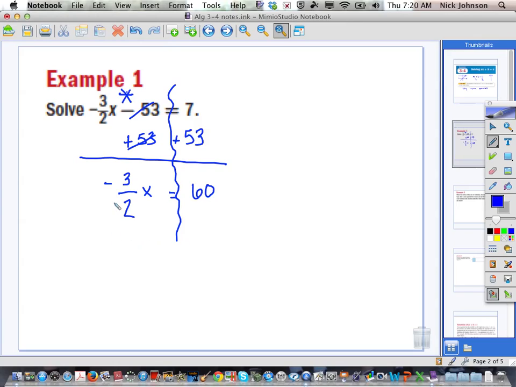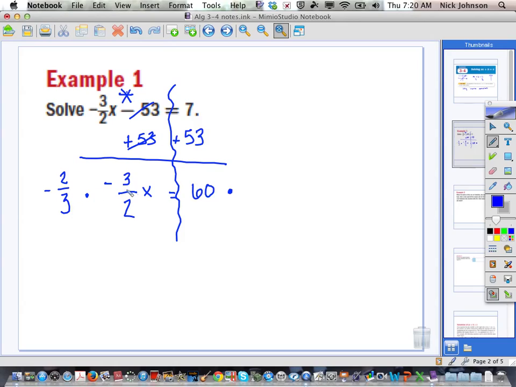Now, this says negative 3 halves times x. Well, Mr. Johnson has told you before, if you have a fraction, to get rid of this fraction, all you have to do is multiply by its reciprocal. The reciprocal of negative 3 halves is negative 2/3.